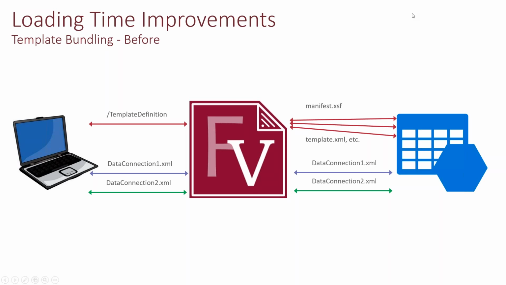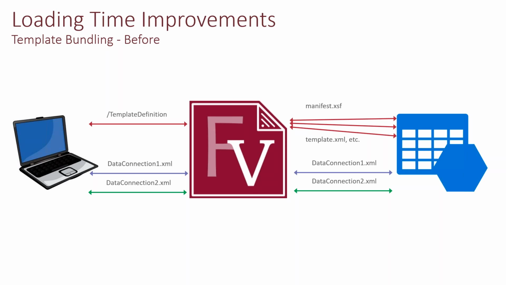When you load up a form in FormsViewer, one of the first things that the FormsViewer app does within your browser is it calls the server to get the template's definition, which is basically the template's manifest, its main XML, and a couple other files.